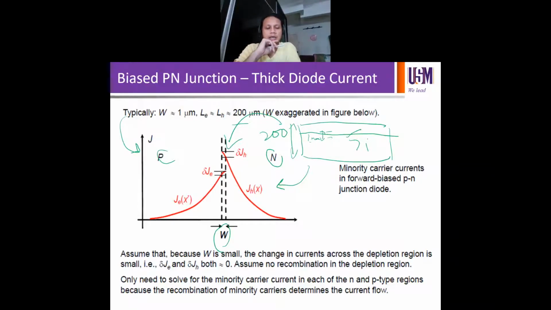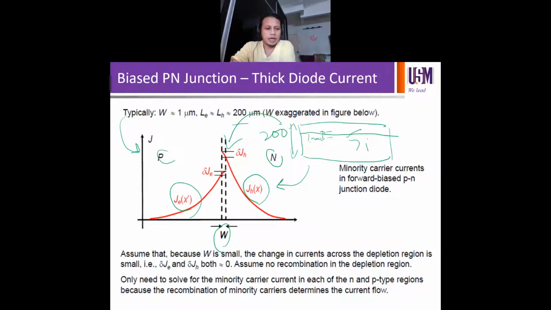Whether JH or JE is higher than the other, we don't know unless we do the calculation, unless we know the doping level and the diffusion length and so on. Ni tak semestinya bermaksud JH is always higher than JE. No, it's just an example. It depends on the parameters you plug in, and you have to see for yourself what the value is.